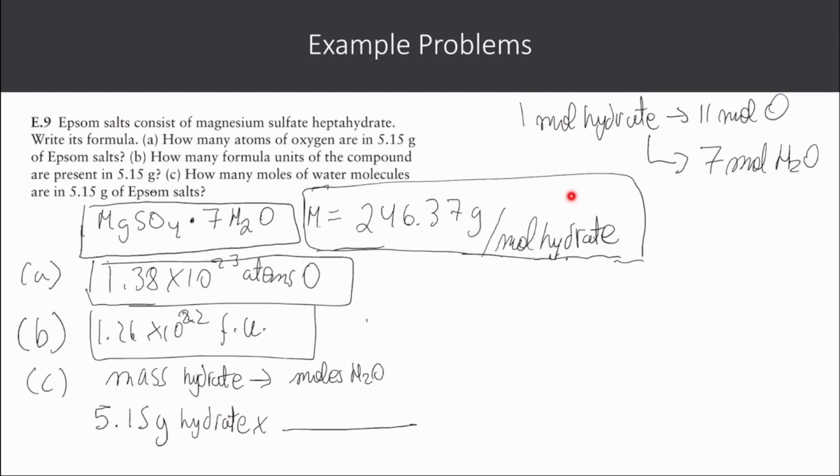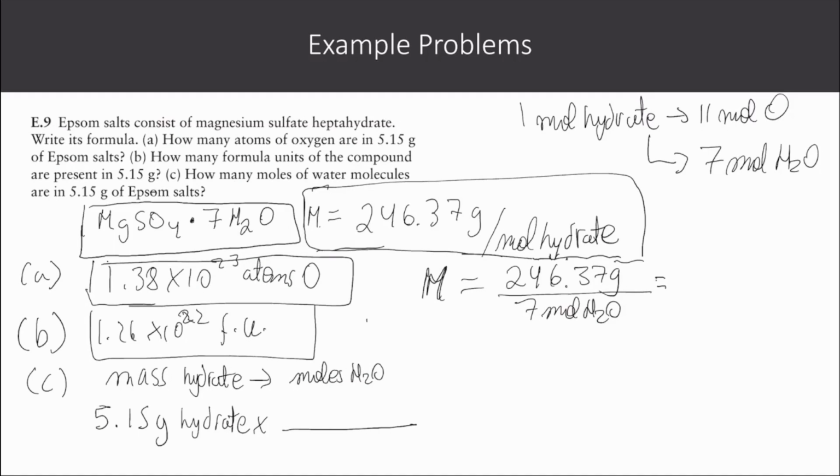Then we can replace that 7 moles of H2O in here for 1 mole of hydrate, and rewrite the molar mass of this hydrate as 246.37 grams for every 7 moles of water.